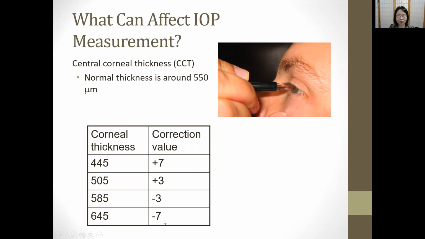The thicker the cornea, the higher the measured IOP, but the actual pressure is lower. Furthermore, patients with thinner corneas are at higher risk for glaucoma. And as you may know, more recently, some of the hysteresis data showed that glaucoma patients also have more rigid corneas.